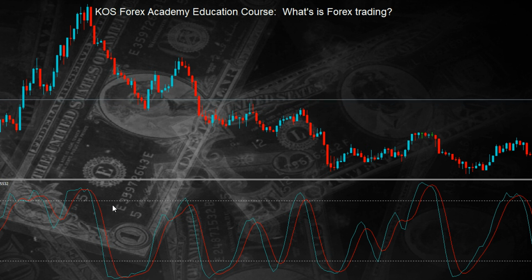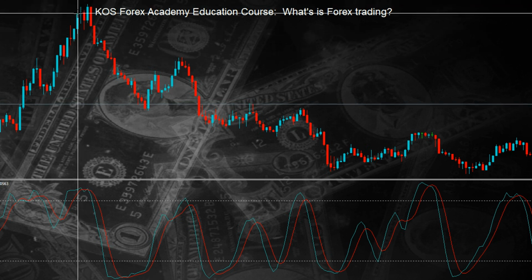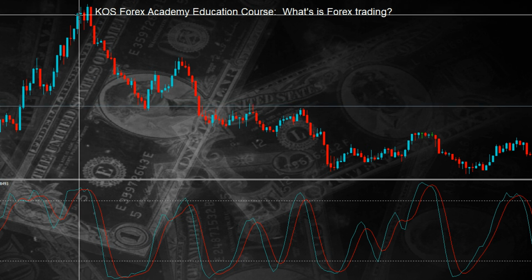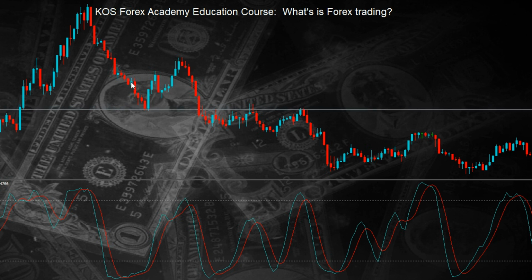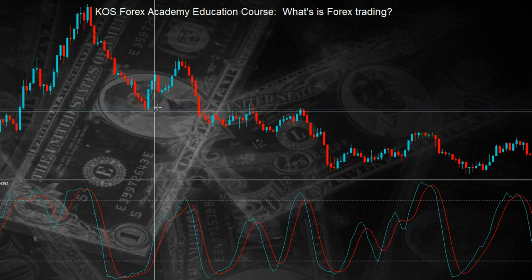So what we can see here is that at this particular area here, if I just move this up here, we can see that the market flattens out here. It's become overbought, and the blue candlesticks are then overtaken by the red candlesticks in terms of movement to the downside, and these coincide with the stochastic movement here, which bottoms out of this particular area, and price starts to move upwards.